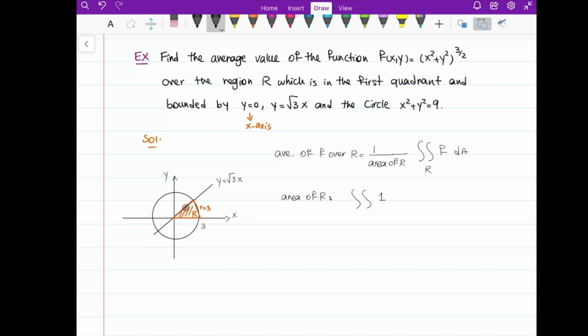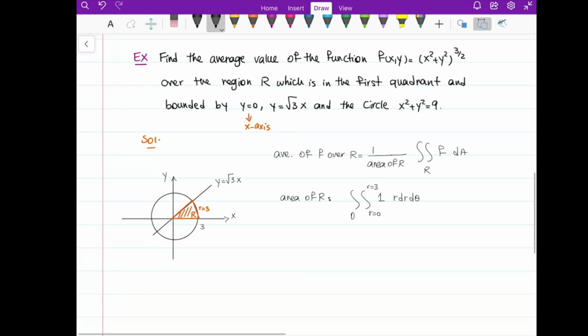Because we have part of a disk, it would be easier to do it in polar: r dr d theta. Now let's find the bounds for r and theta. If I graph a ray in here, r starts at 0 and goes up to 3. How about theta? Theta starts at 0 at the x-axis, but it goes up to y equals root 3 x.